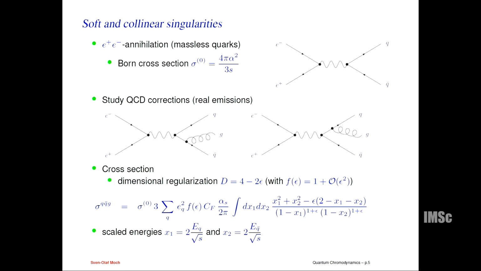I have different ways of doing the phase space. Basically, when I do the integration here, I have to integrate over the four-momentum of the gluon, and there are different ways I can do this. One way of doing the phase space is I can integrate out the angles, and then I parameterize everything in terms of the rescaled quark energies.